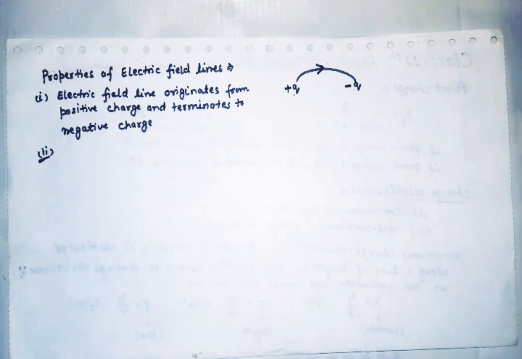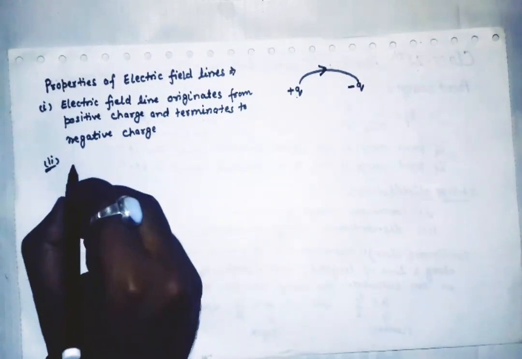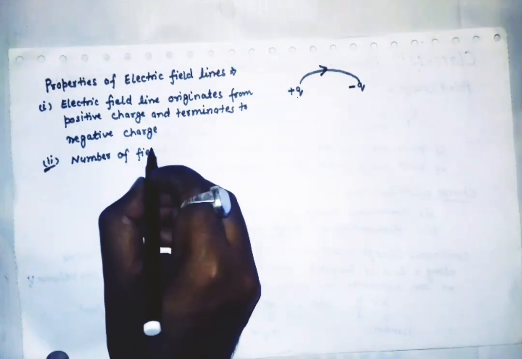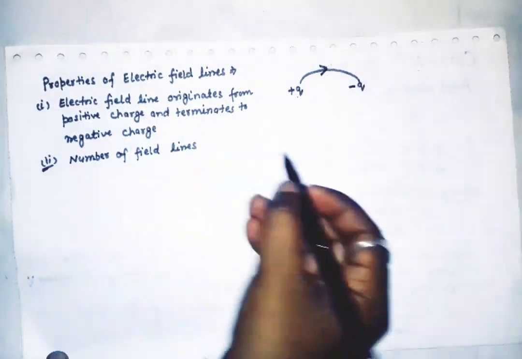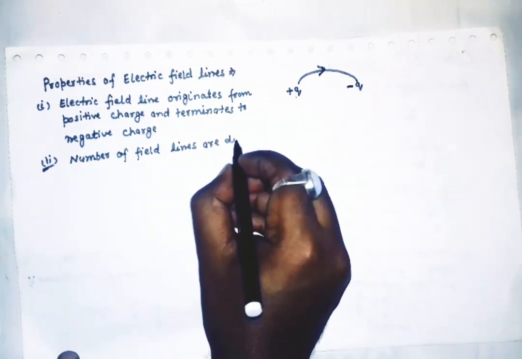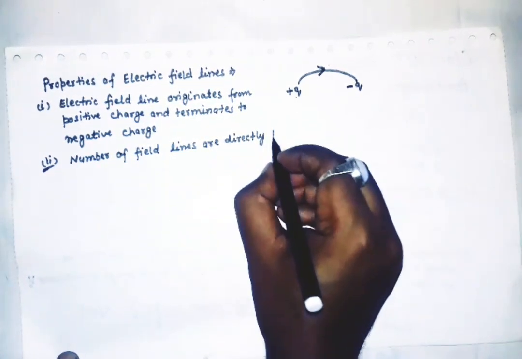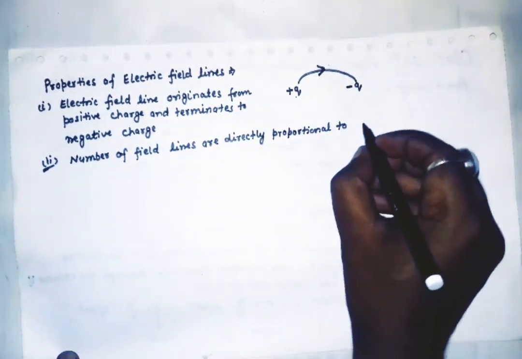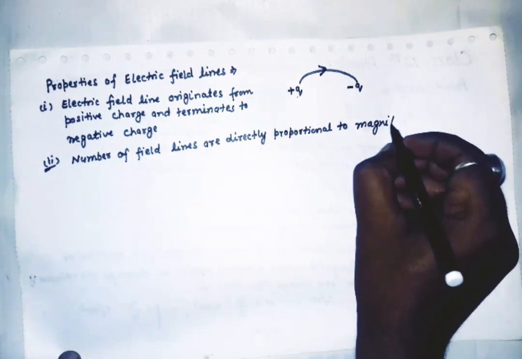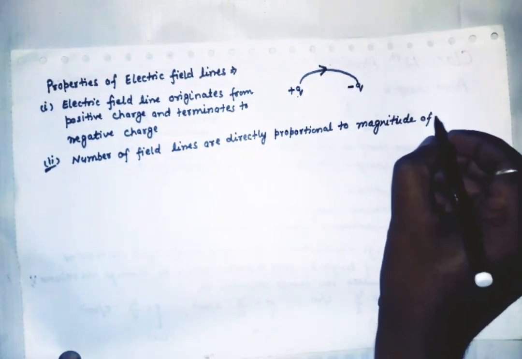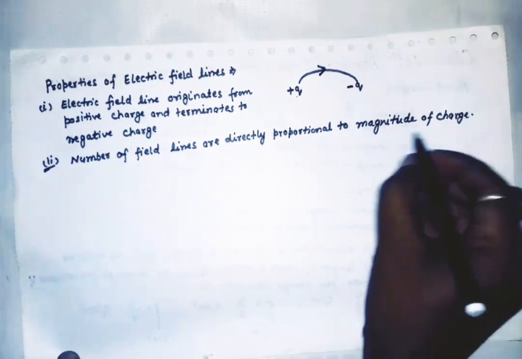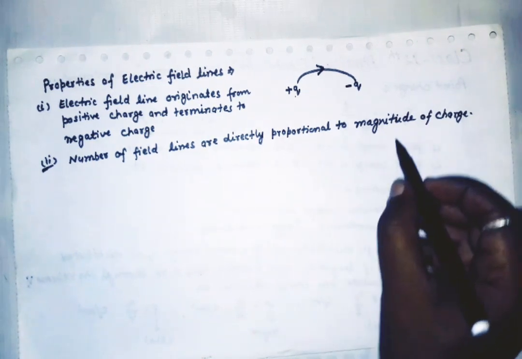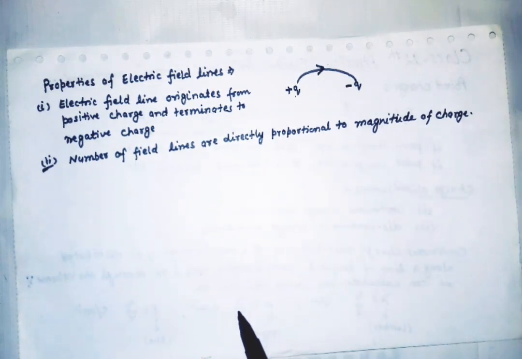That means number of field lines is directly proportional to the magnitude of charge. For the more value of magnitude of charge, there are more field lines. For the less value of magnitude of charge, there are fewer field lines.